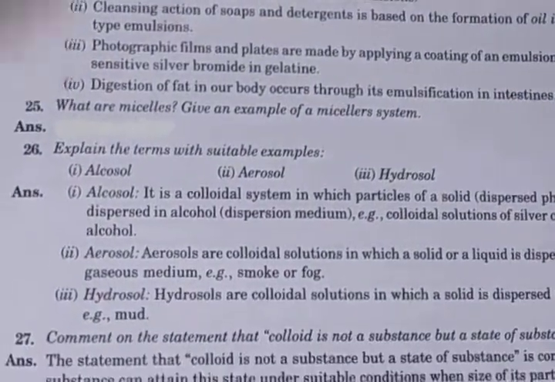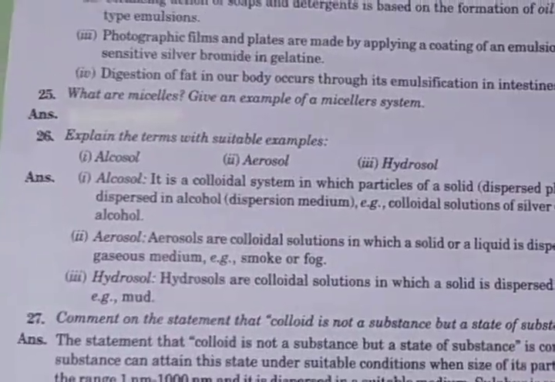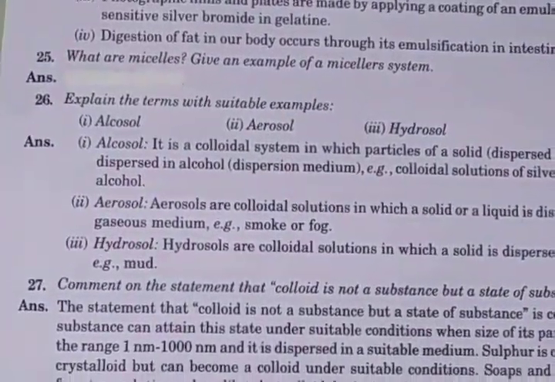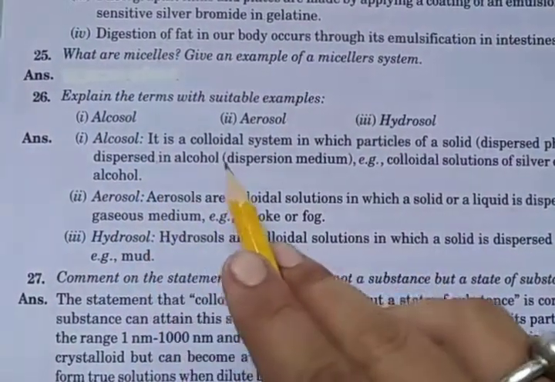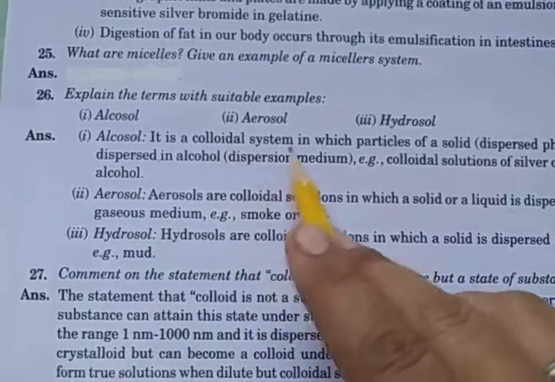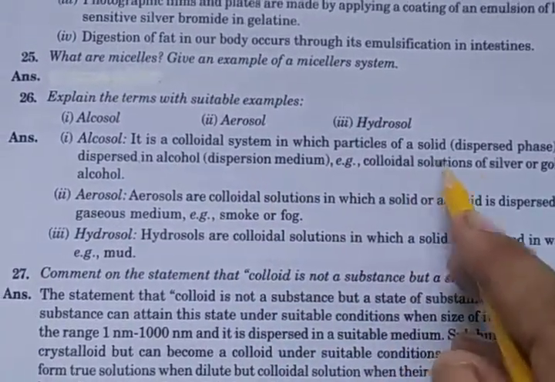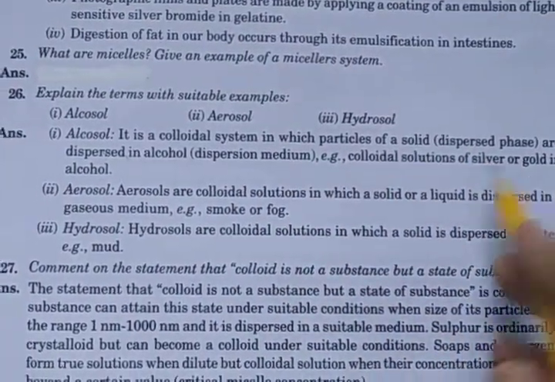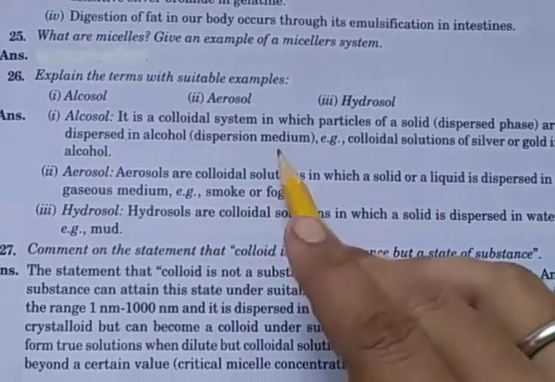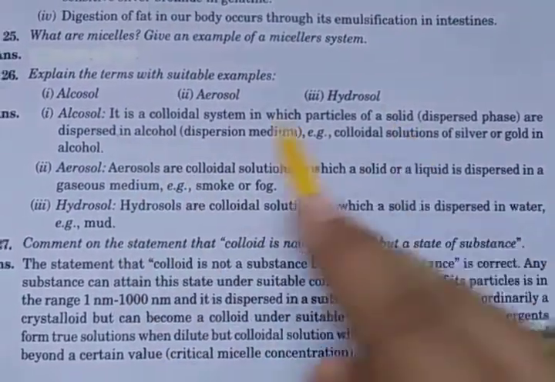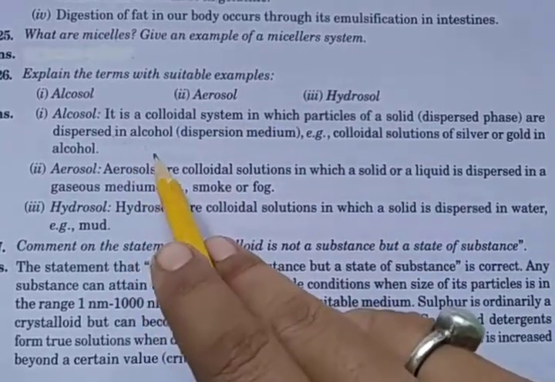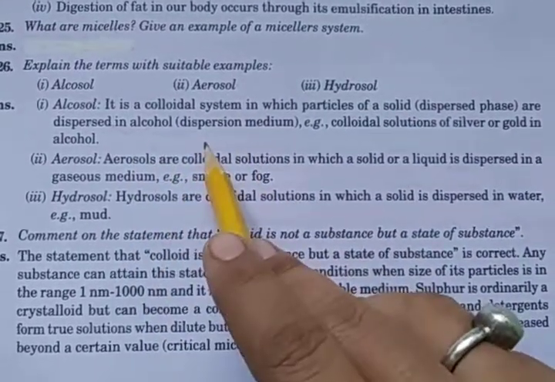Then question number 26, explain the terms with suitable example. First is alcosol. Alcosol means it is a colloidal system in which particles of solid are dispersed in alcohol, that means solid in alcohol, so it is known as alcosol.